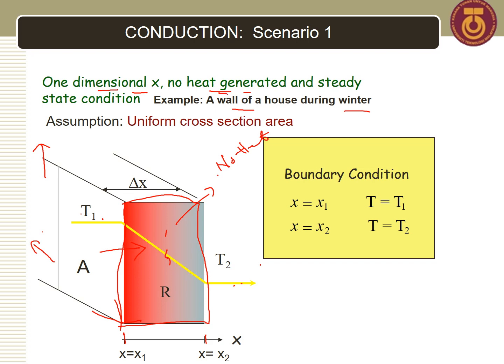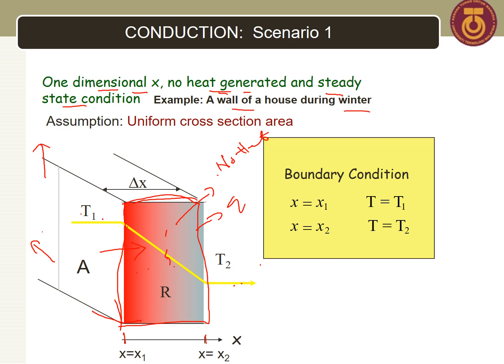And when we say steady state condition, try to recall what you have learned in the previous lecture. Steady state means the heat transfer rate within this boundary, at every point, Q is the same.